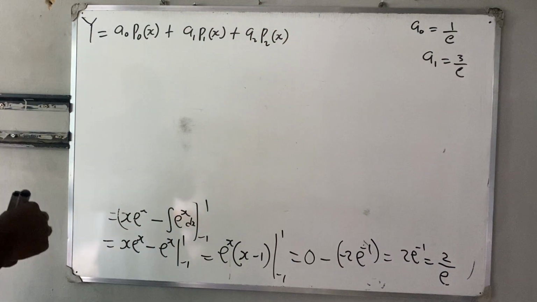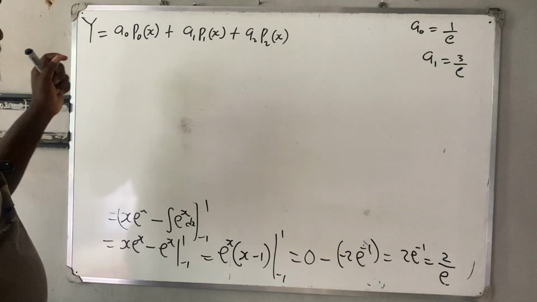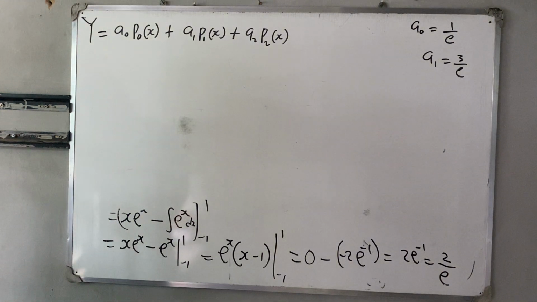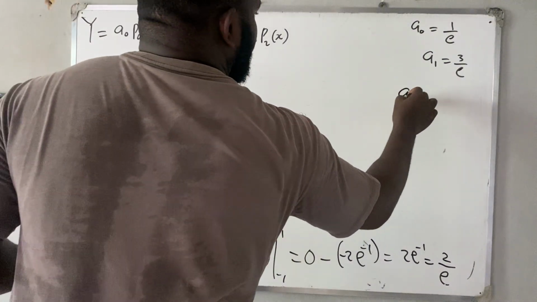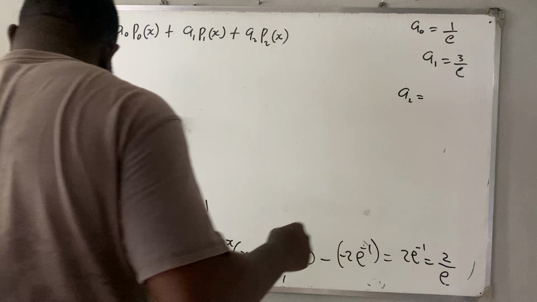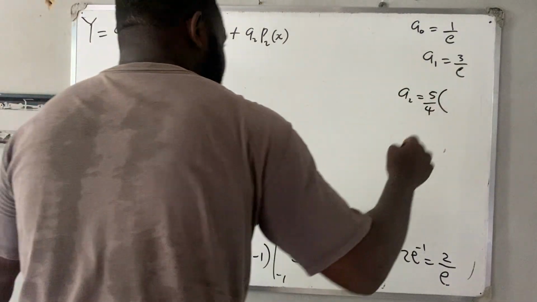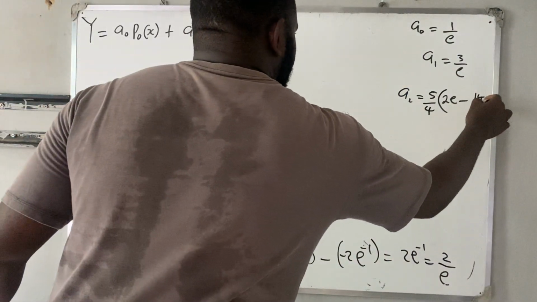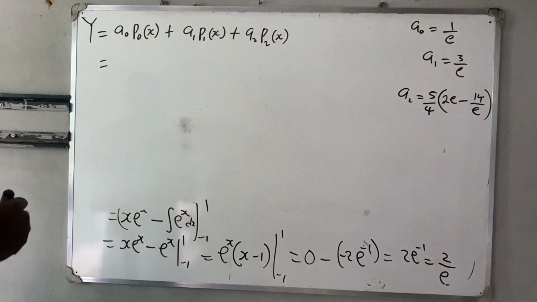That is if we are ending in degree 2. So if you do your A2, from my own, it gave me 5 over 4 into 2e minus 14 over e. So check your own. The next thing now is just to substitute.